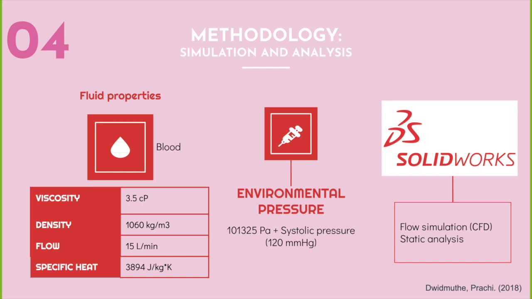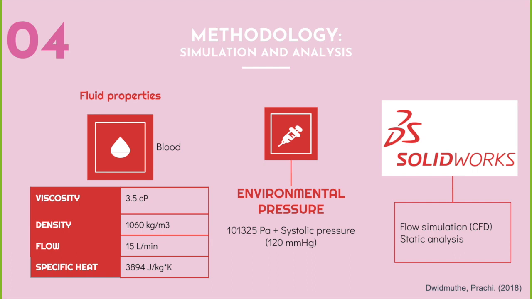For example, the one created by Wenmetu and Praki in 2018 was utilizing a flow viscosity of 3.5 centipoise and a density of 1060 kilograms per meter cubed, a flow of 15 liters per minute.